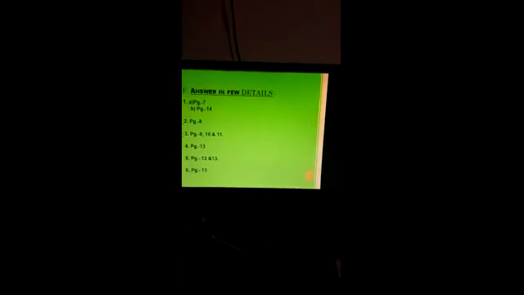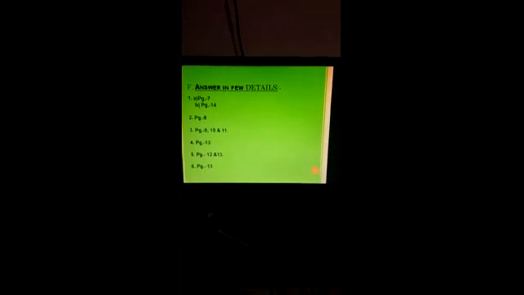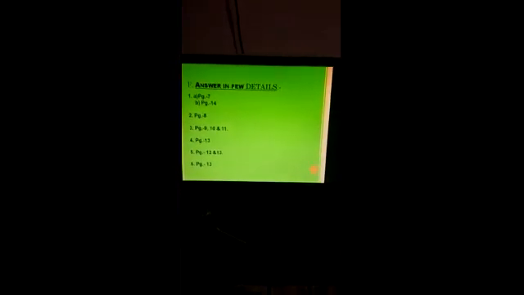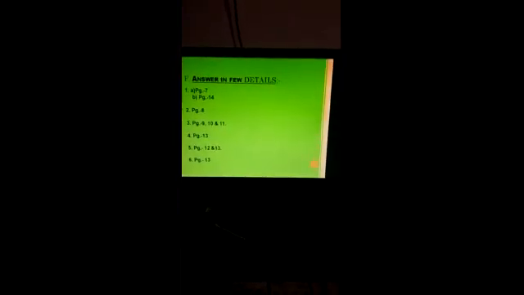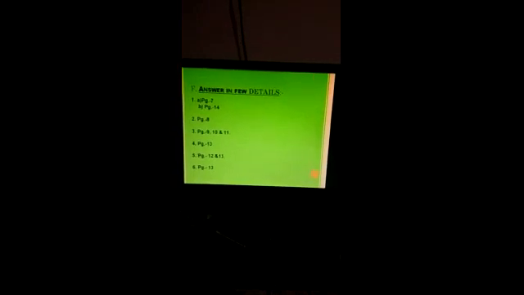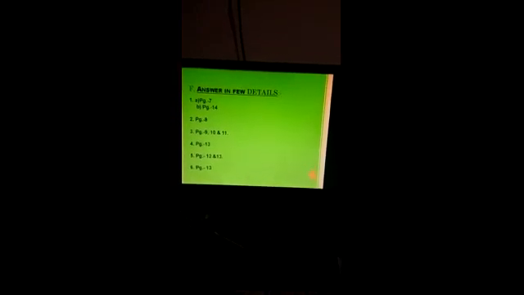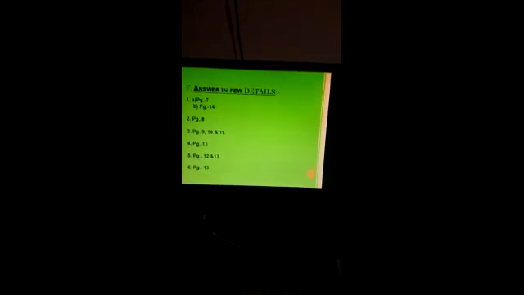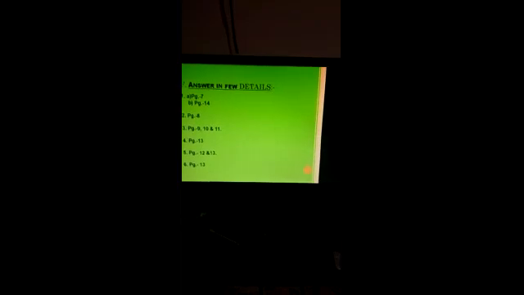Left hand side, autotrophic nutrition, the last paragraph. Auto means self and trophic means nutrition. The mode of nutrition in which an organism prepares its own food from simple inorganic minerals such as water, carbon dioxide and minerals present in the surrounding is called autotrophic nutrition.